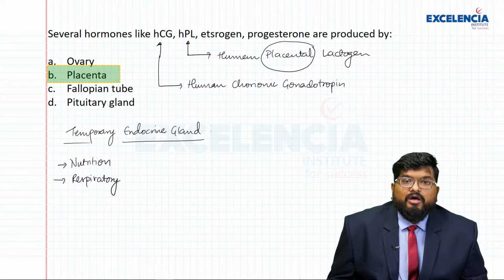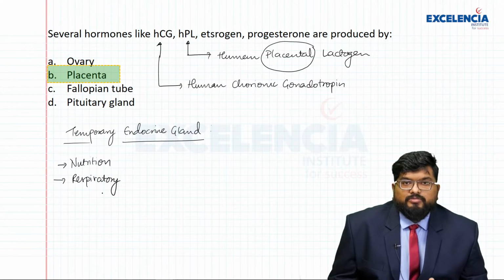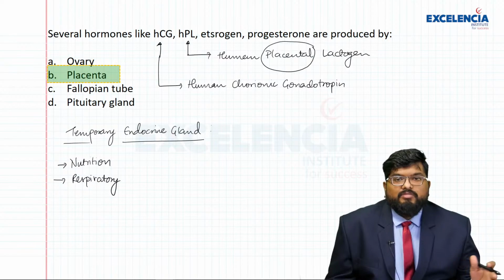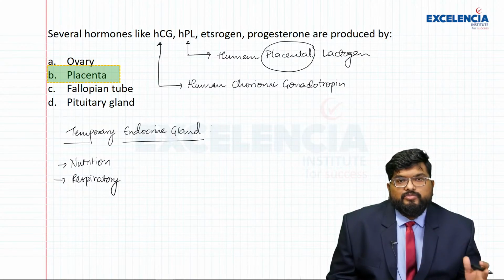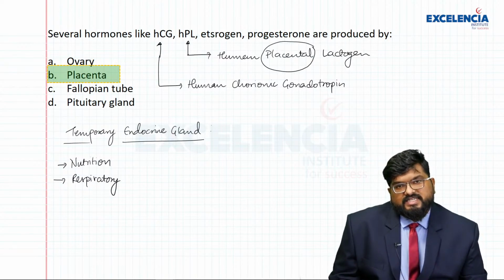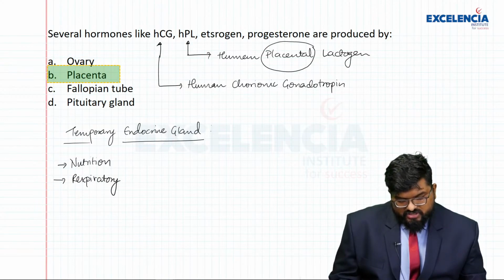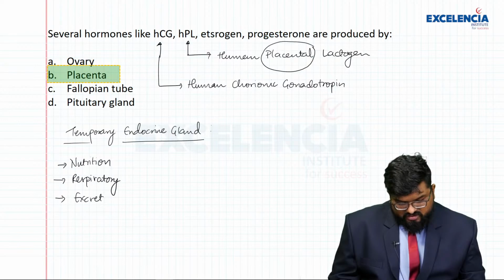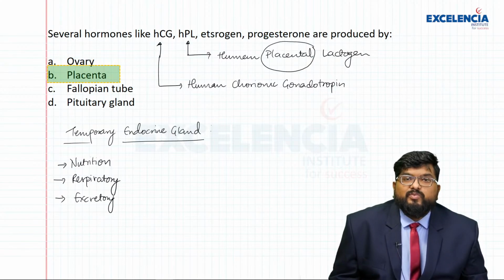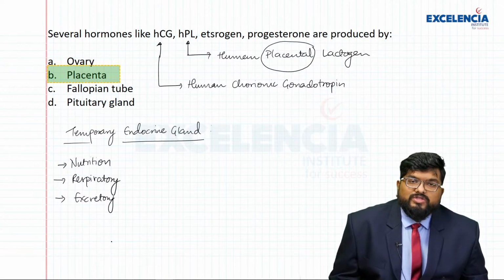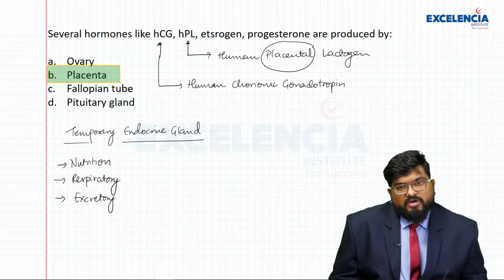Okay, oxygen. Then when oxygen is provided to the embryo, carbon dioxide is also removed through the placenta itself. So nutrition, respiration, then excretory. The nitrogenous wastes that are produced by the fetus are also transported through the placenta to the mother.